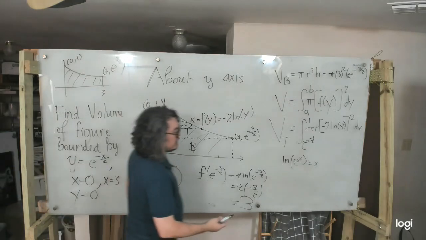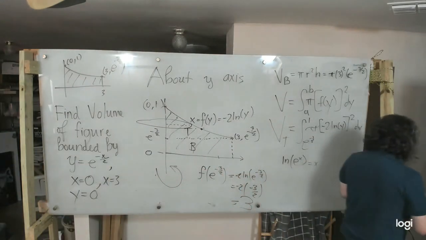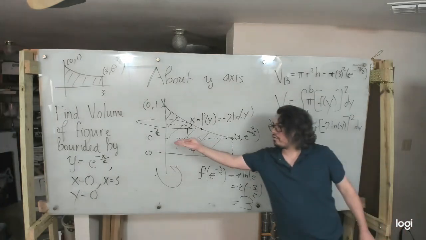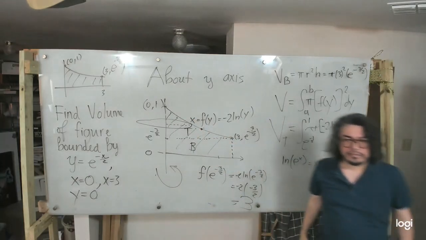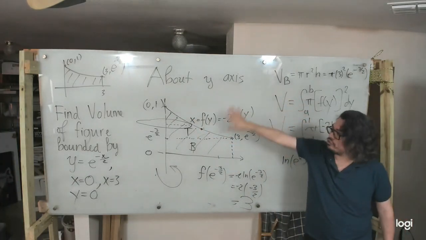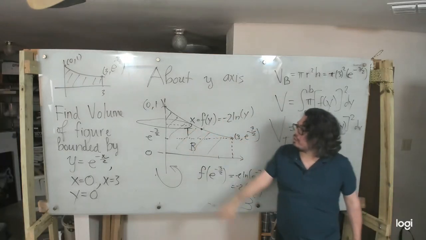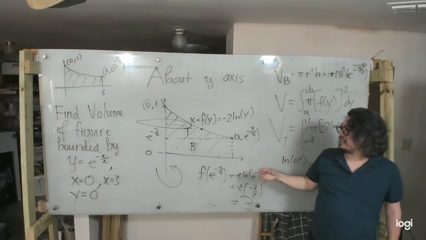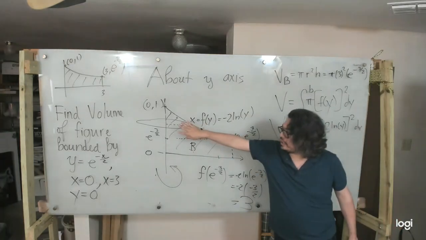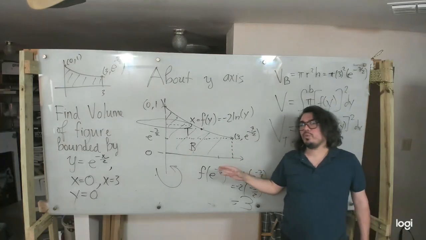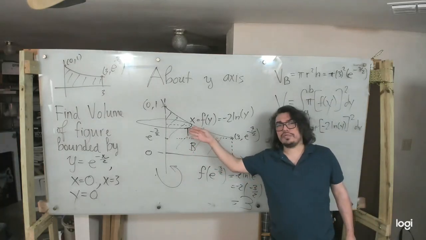So this function does in fact exactly correspond to the radius of the figure that's being rotated for those given y values. And again, if we want to find the volume of this region rotated about the y-axis, what I wanted you to realize in this case, because the region split into two pieces, one bounded by the curve and one bounded by this vertical line, we had to split that volume calculation into two pieces.